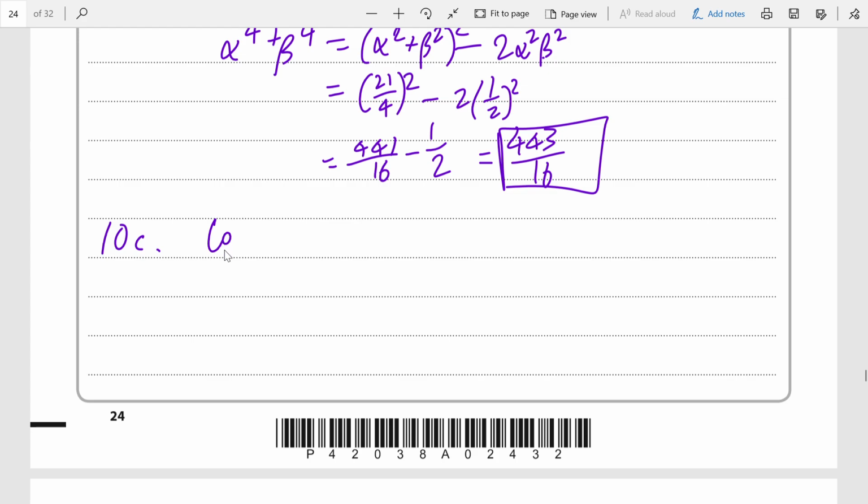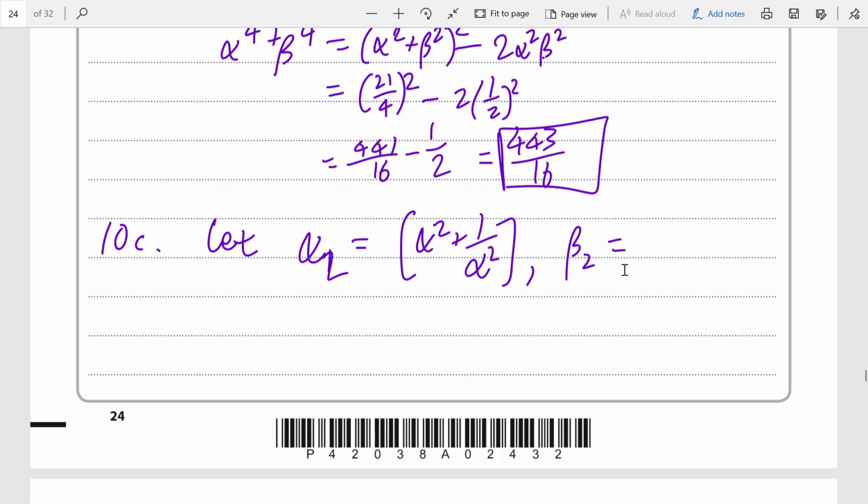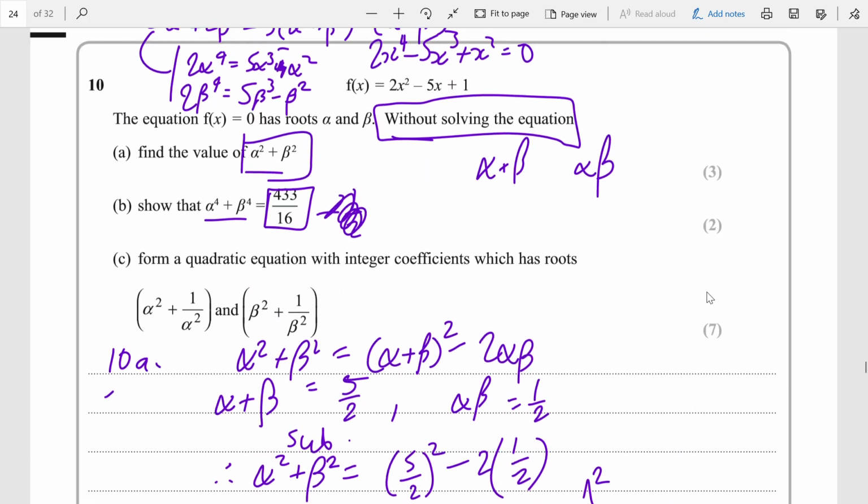Part C. Let alpha 2 be alpha squared plus 1 over alpha squared, and beta 2 be beta squared plus 1 over beta squared. In other words, our two new roots for this equation.